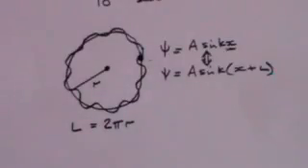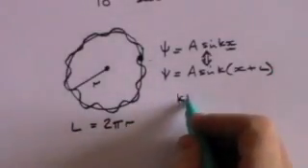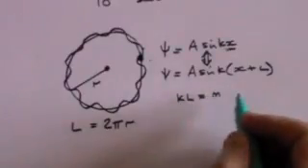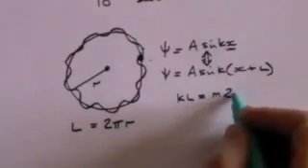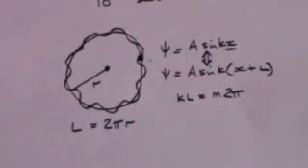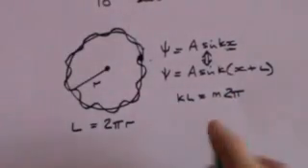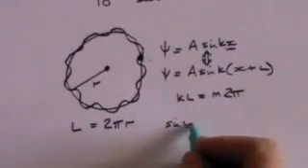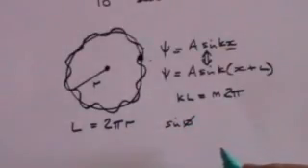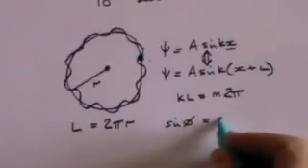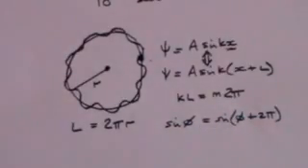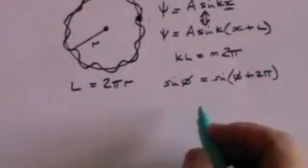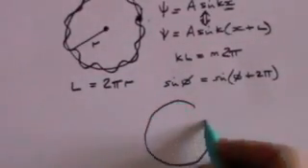And the only way that can happen is if KL is equal to an integral number of values of 2 pi. The reason for that is that, of course, if you've got the sine of any angle, sine phi, that is going to be equal to sine of phi plus 2 pi, because you've just gone round the circle. Let's just illustrate that.